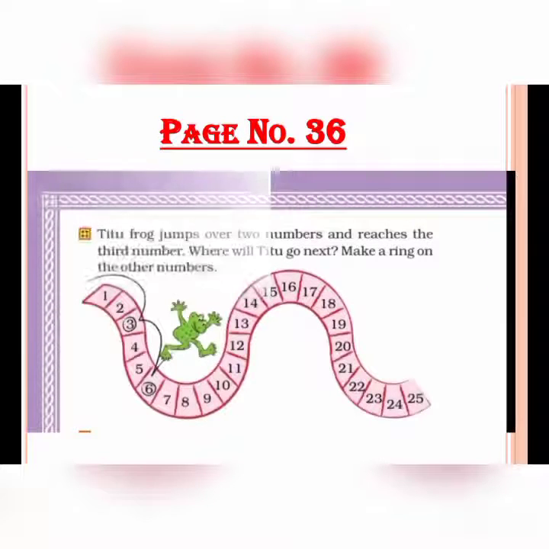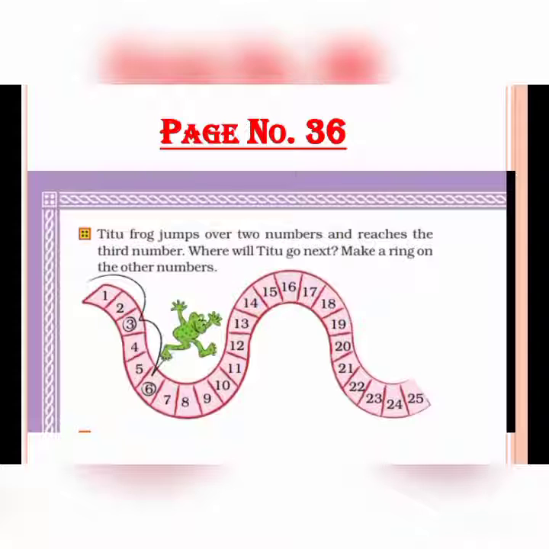Let's do some activities from your textbook. Refer page number 36 of your textbook. There are 2 activities. So the first one, T2, frog jumps over 2 numbers and reaches the third number.